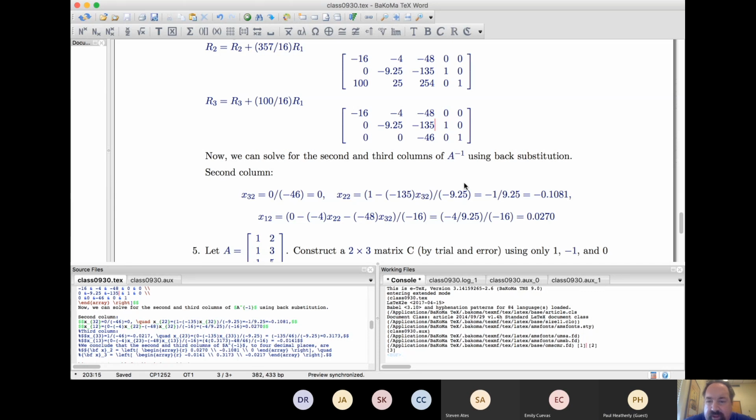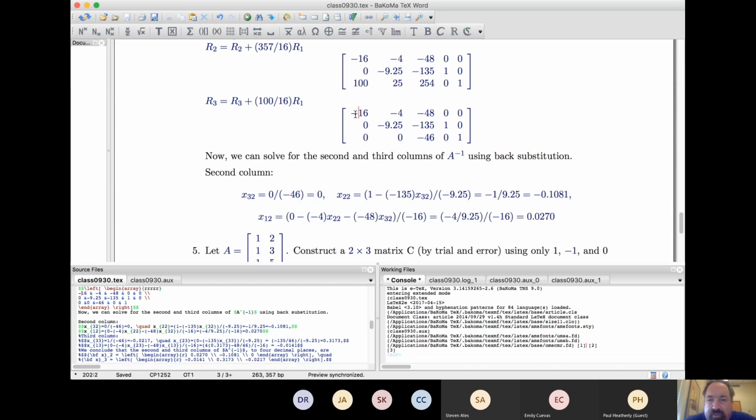So I'm left with 1 divided by minus 9.25, and that gives me the second element. And finally, for the first element, I'm working with these entries. So I have my right-hand side value, which is 0, minus 4 times the second element, minus 48 times the third element. I plug those two in here.